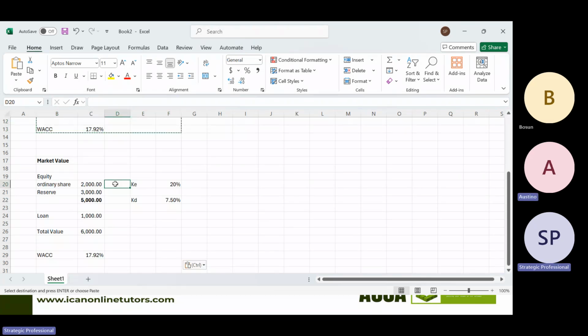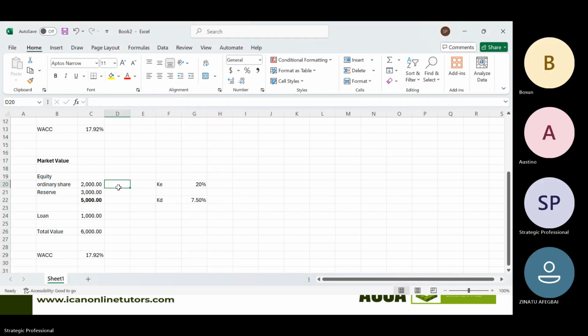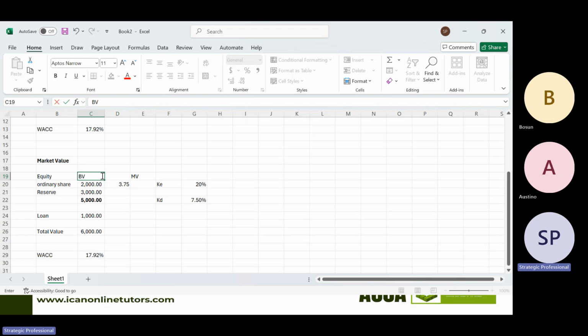So we have to calculate the current market value based on the market price. The market value will now be this book value multiplied by 3.75.